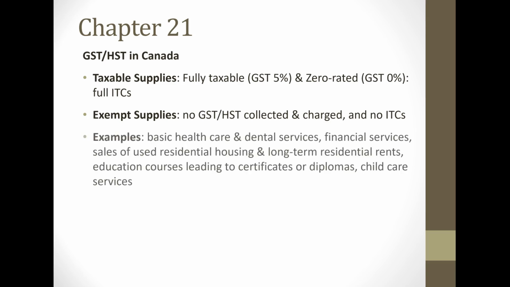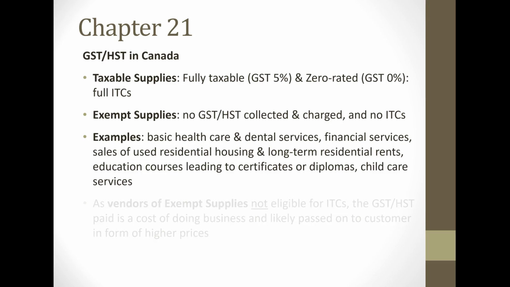So what are some examples of exempt supplies? Basic health and dental care, financial services, sales of used residential housing, long-term residential rents, education courses, and childcare services are some examples. So providers of exempt supplies do not charge GST or HST, and they also cannot claim any input tax credits for the tax they pay out.